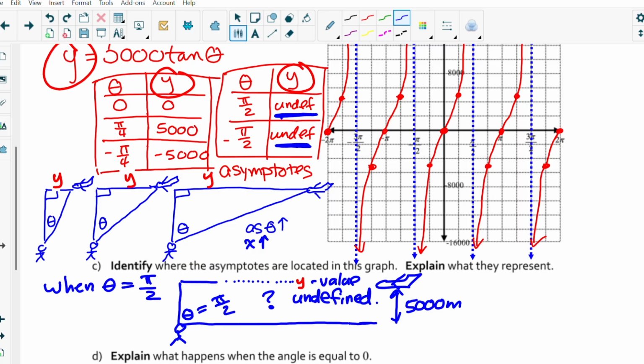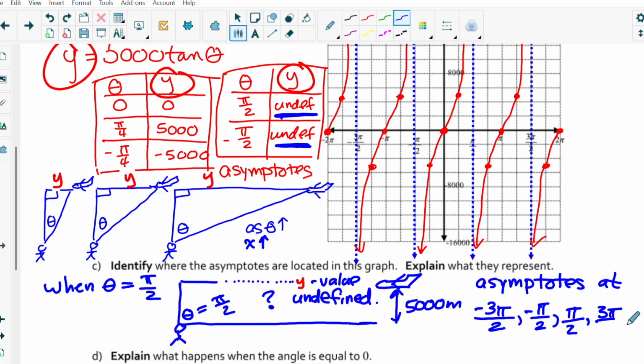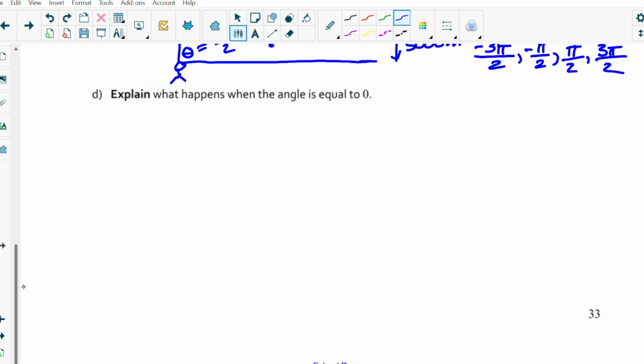Where are the asymptotes located? On the graph, we can see negative 3 pi over 2, negative pi over 2, so they are pi over 2 separated by units of pi. So on the graph, these are my asymptotes.